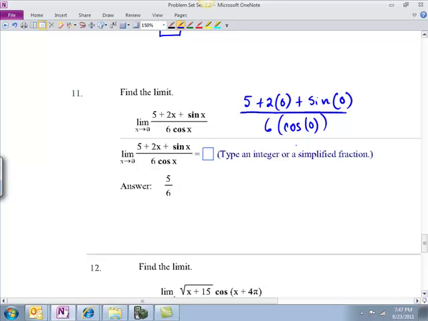Okay? So what do we end up with on the top? Just 5, because that's 0 and the sine of 0 is 0. And on the bottom we have 6 times 1, so we have 6. So it's really not that bad. You just have to remember your trig stuff. Okay? All right.